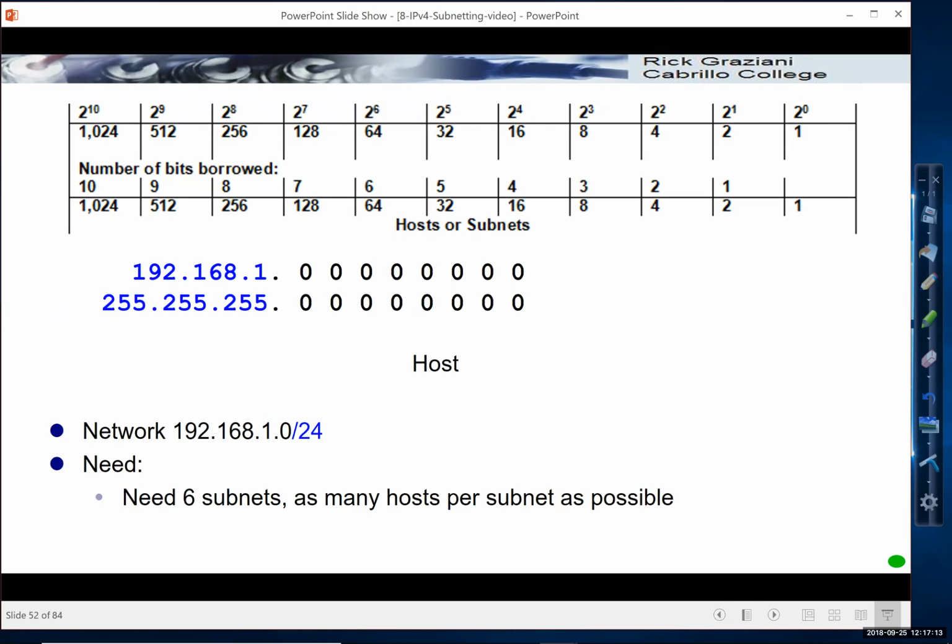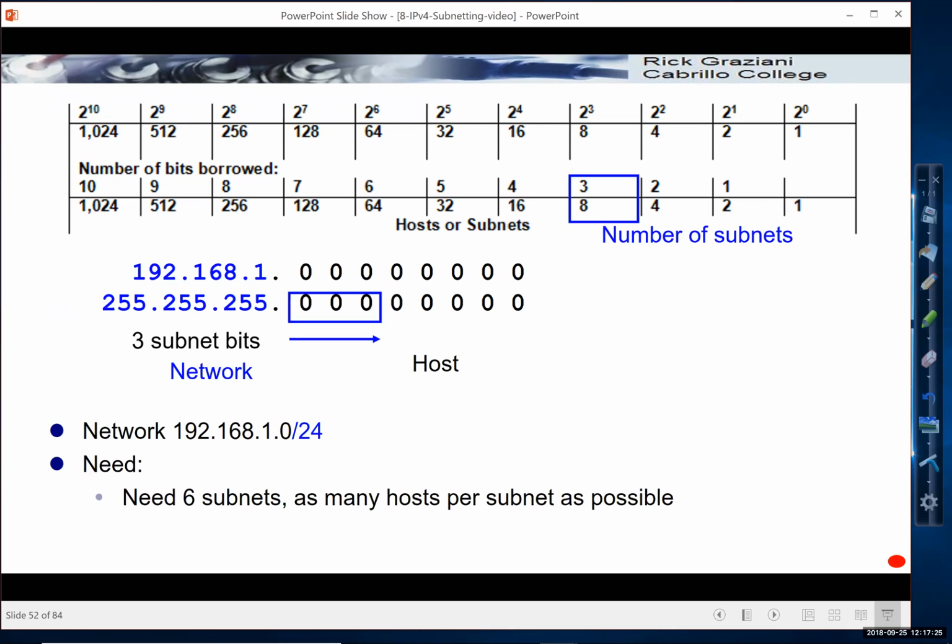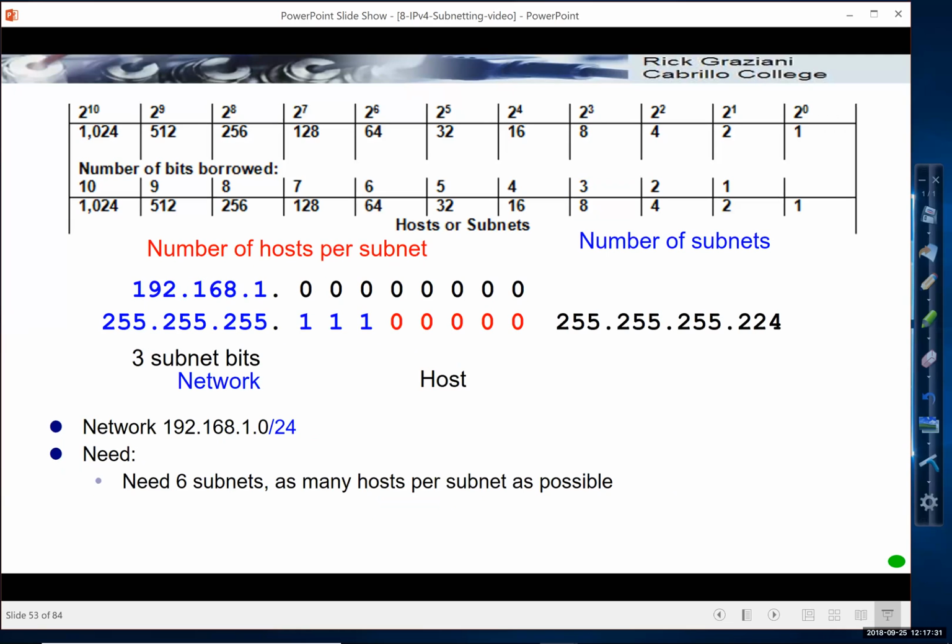How many bits do I need to borrow to give me at least 6? I need to borrow 3 bits. These will be my subnet bits, so I'm going to extend my subnet mask 3 bits. This gives me a new mask of 255.255.255.224, a /27.